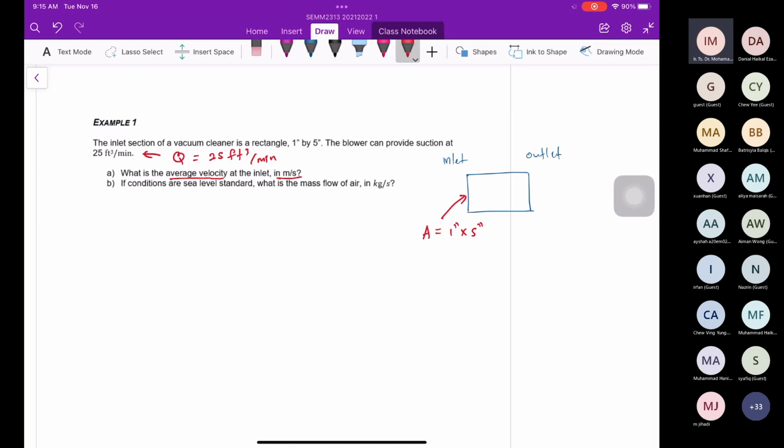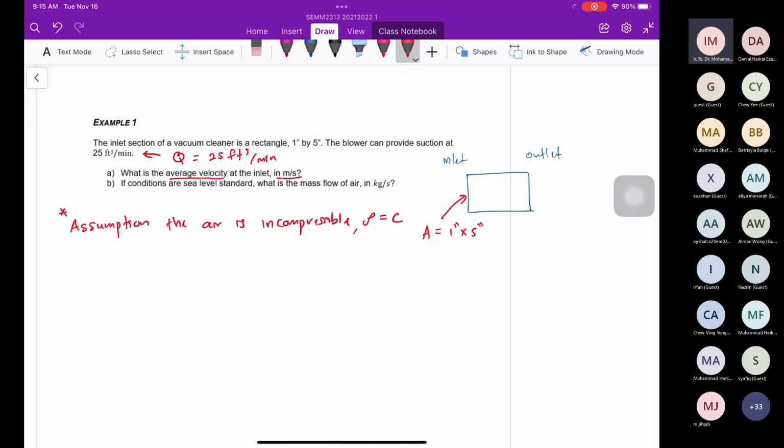So our assumption: the air is incompressible. When it is incompressible, the density is constant.